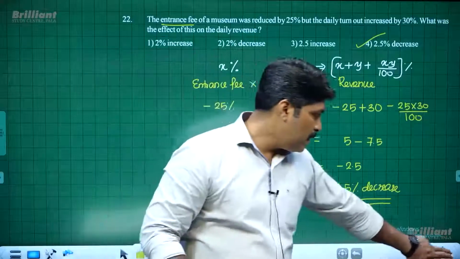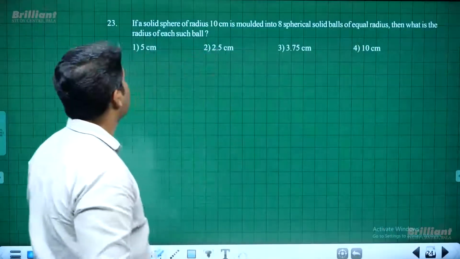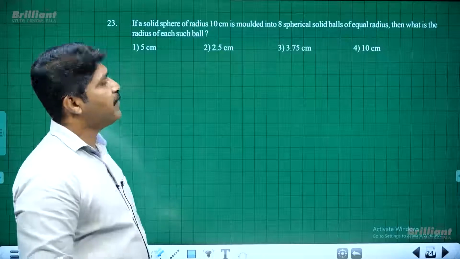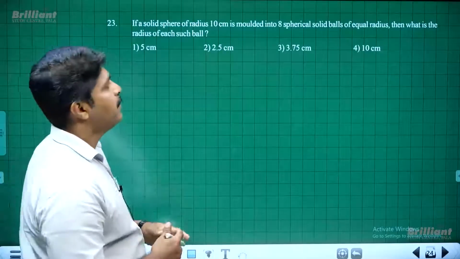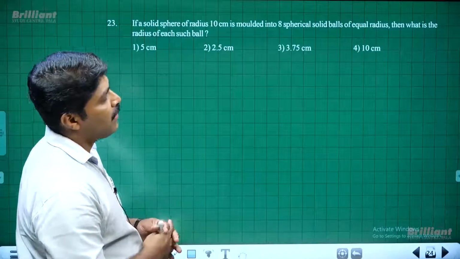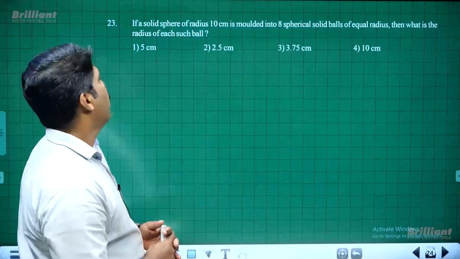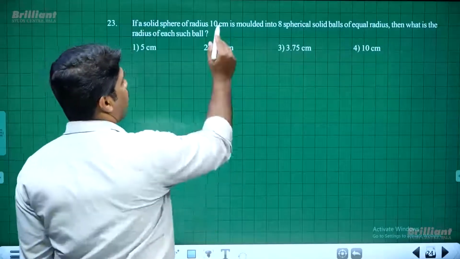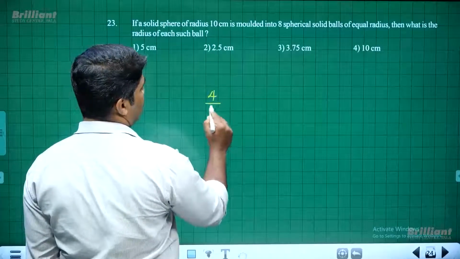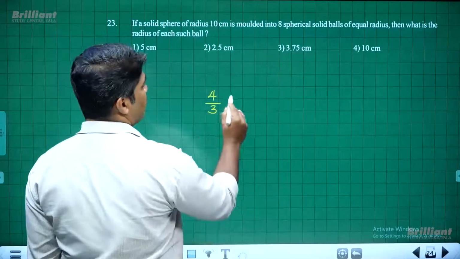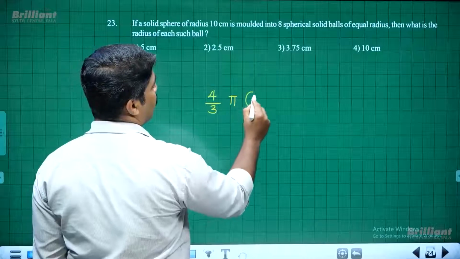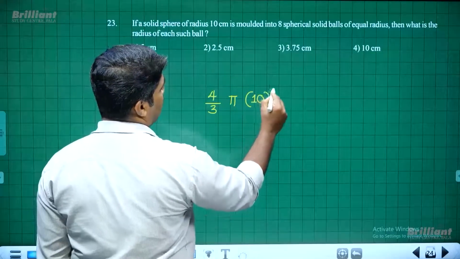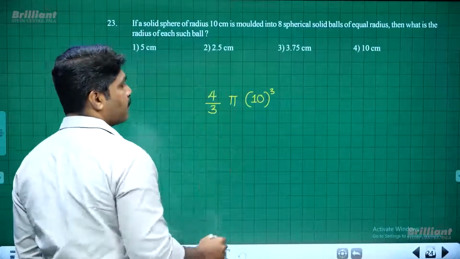Okay, then move to the next question. If a solid sphere of radius 10 centimeter is molded into 8 spherical solid balls of equal radius, what is the radius of each such ball? We know that the volume of a sphere is 4 by 3 pi r cube. Here instead of r, you just put 10.